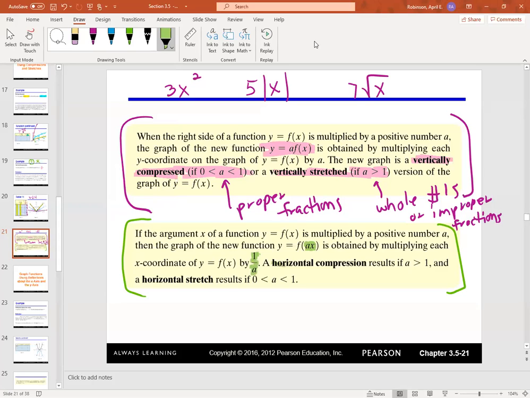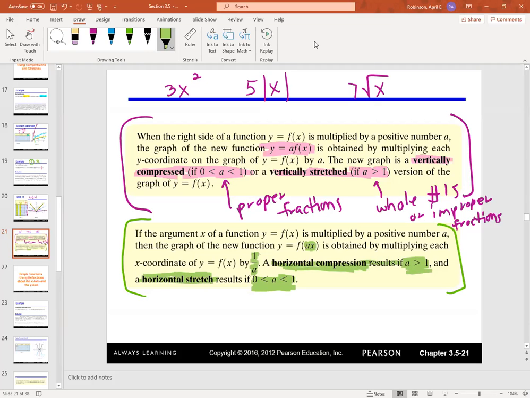And you're going to get a horizontal compression if a is greater than 1, and a horizontal stretch if it's between 0 and 1. So it's kind of backwards. Up there it said vertical compressed and then vertical stretched. Now it's saying horizontal compression for a greater than 1 and a horizontal stretch for the one that's a proper fraction. It's in between.